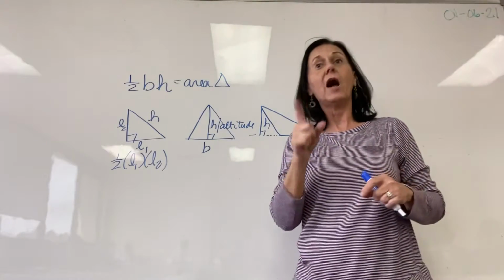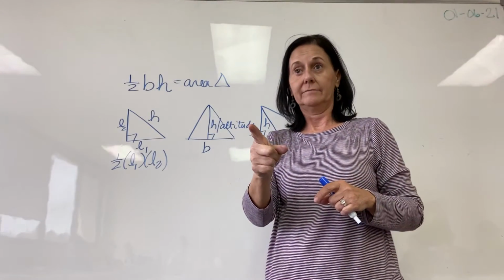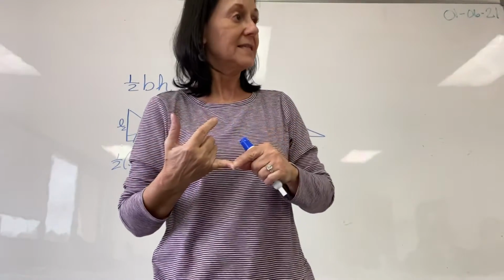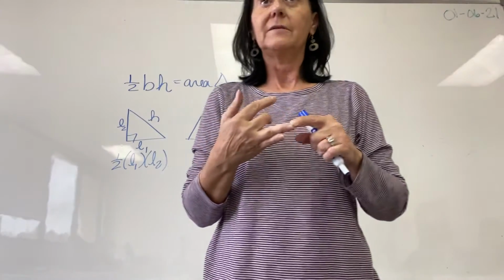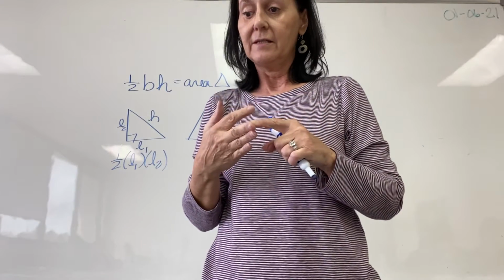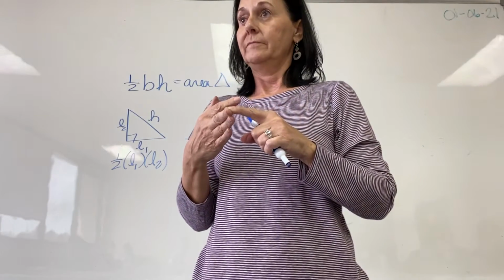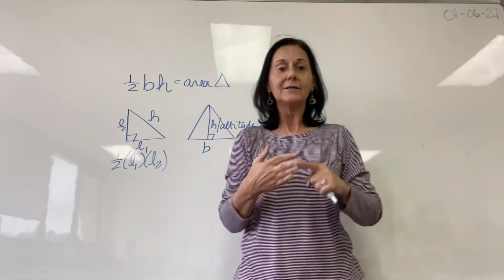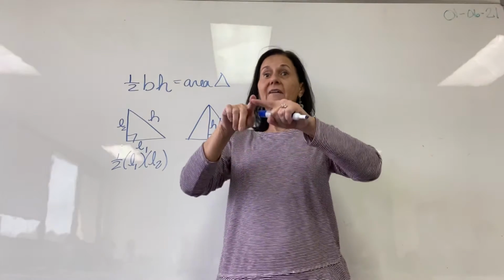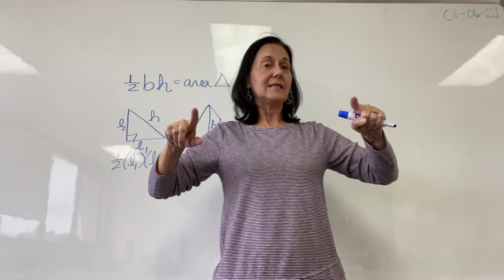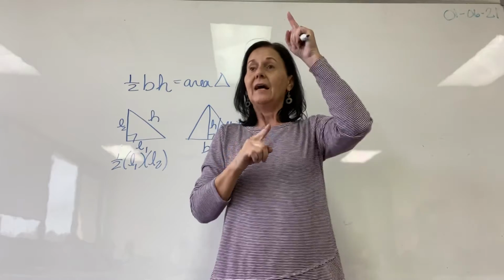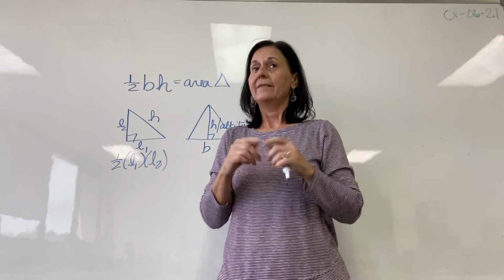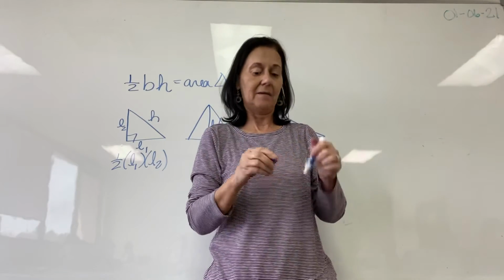Those triangles are not congruent, are they? They're not. However, if they have equal bases and equal altitudes, then their areas will be equal. Any triangles, even if those triangles are not congruent, if the length of their base is the same and the length of their altitude is the same, then they will have the exact same area.